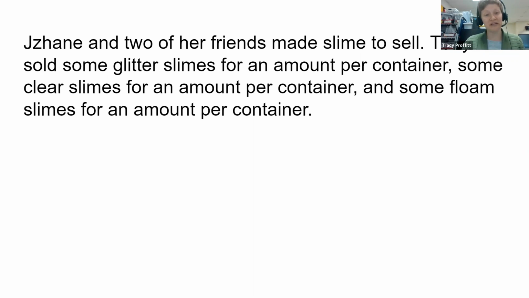They sold some glitter slimes for an amount per container, some clear slimes for an amount per container, and some foam slimes for an amount per container. My question so far is, what are you picturing when we read this story, Miss Stratton? I'm picturing that there are three different containers. Yep. We have three different kinds.